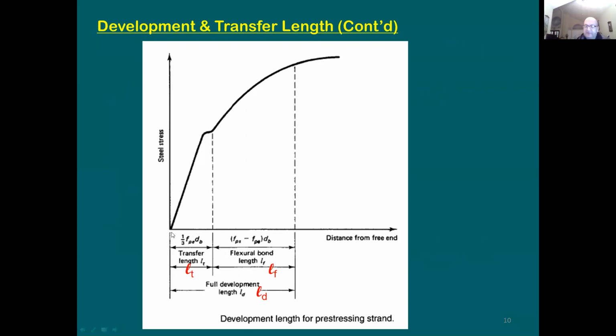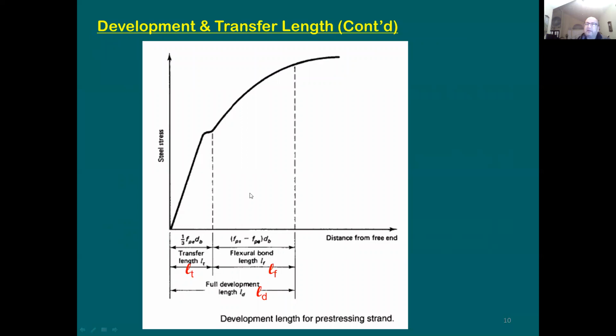L sub T is going to happen first from the face of the end block to a distance, and this distance is going to be called L sub T. We have an empirical formula to determine this L sub T. It's given by 1/3 f_pe times d_b. d_b here is going to be the diameter of the strand. The additional length, which is L sub F, is going to be for the flexure bond length.